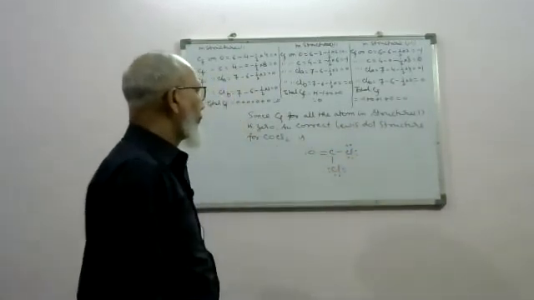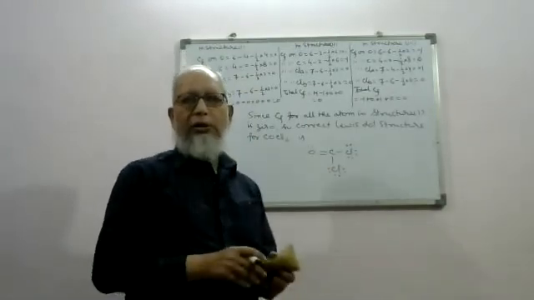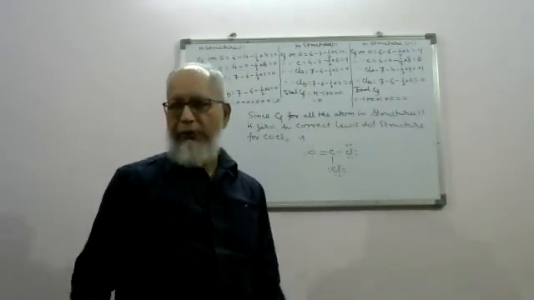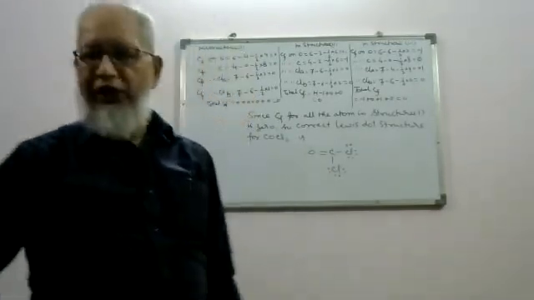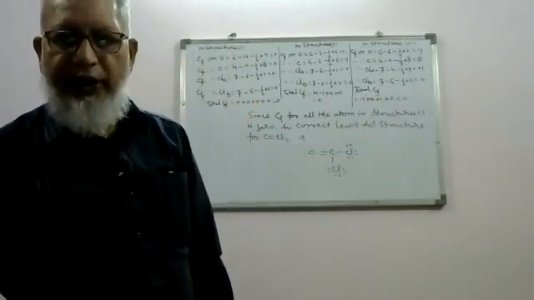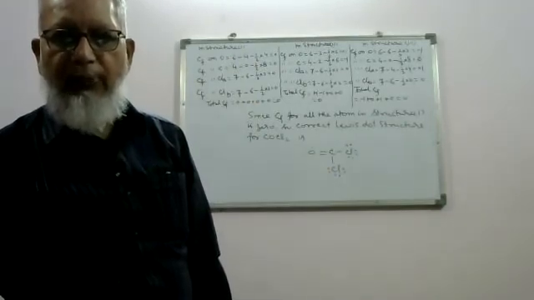Thus, with the help of the FC value, that is the formal charge value, we can predict which will be the correct Lewis dot structure for a molecule or ion.